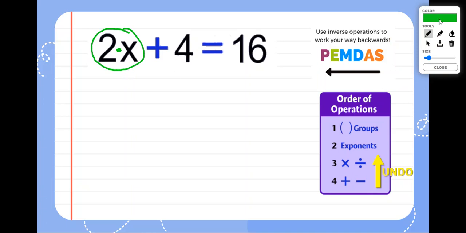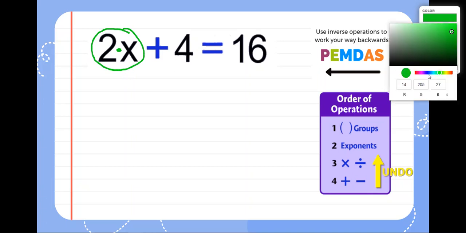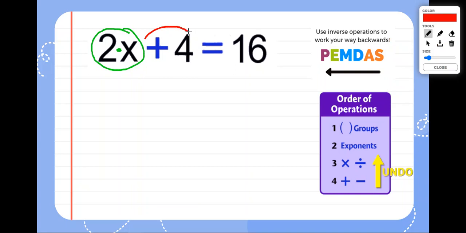Sometimes it helps to draw that in. Then on the other side of that, we have a 4. And the 4 is being added. So we're adding 4. Remember that the sign always belongs to the number that's following it. So this is plus 4.